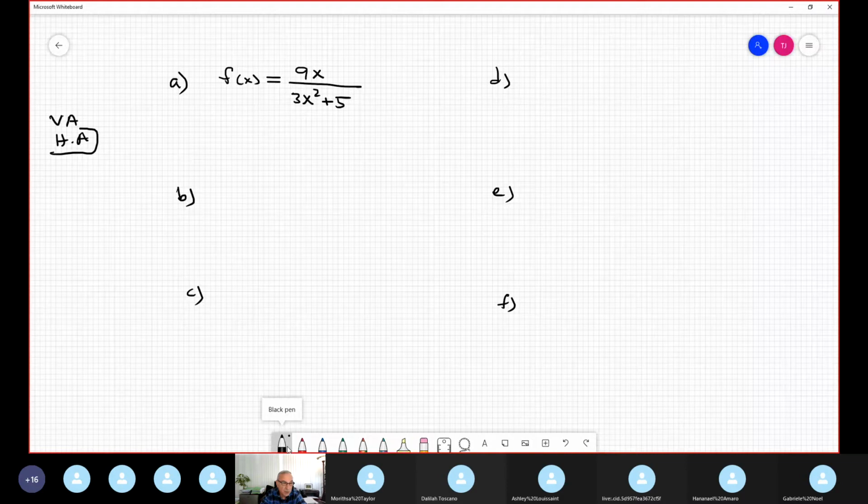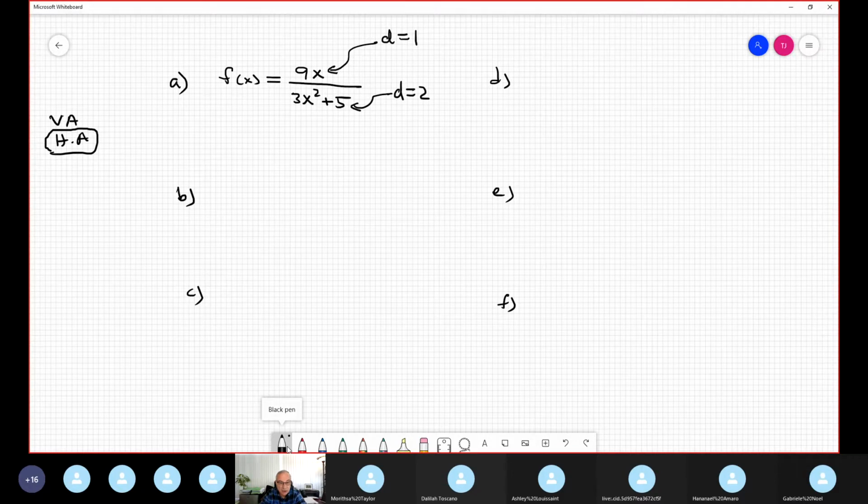Let me start with the horizontal, because in my opinion it's easier. In the horizontal asymptote, the only thing you should do is analyze the degree. The degree of the expression here is 1, linear. The degree of this is 2. You have to remember two conditions for the horizontal.